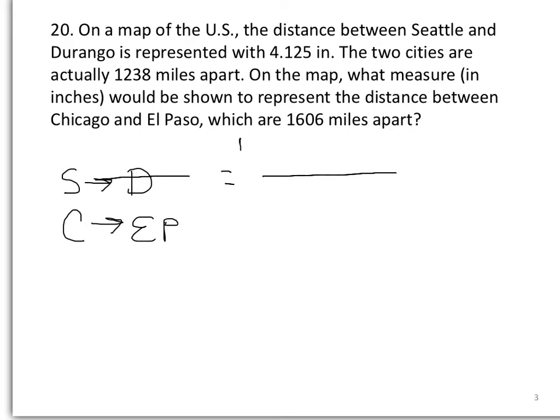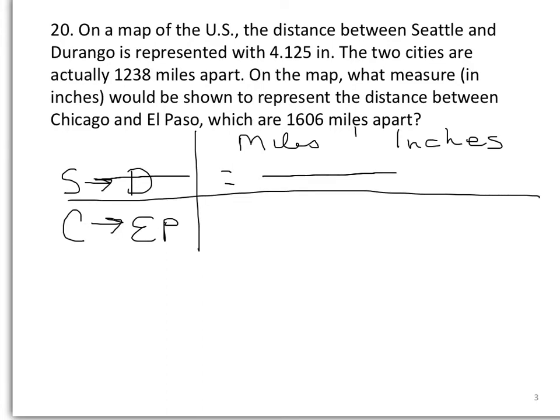And we're considering that distance in miles as well as inches. So let's set up a table here. Seattle to Durango, we know, is represented with 4.125 inches, and it's represented with 1,238 miles.